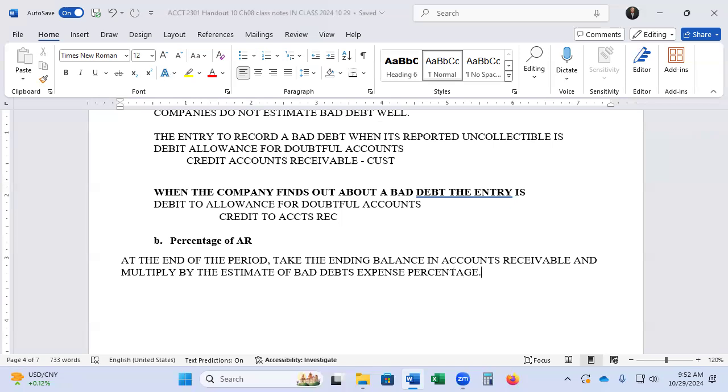So this time, instead of looking at how much we had in sales or credit sales, we say, how much are we owed at the end of the year or the end of the period? Based on that, make an estimate of how much is going to be uncollectible and make our allowance account equal to that amount.